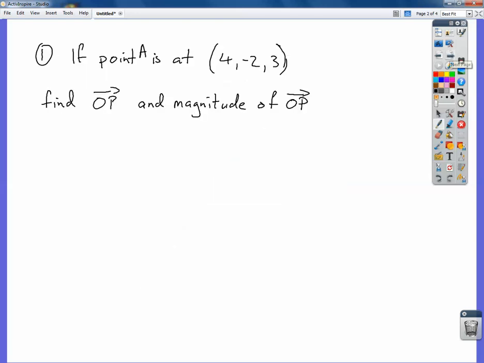Let's have a look at an example. Here's a point which is at the point 4, minus 2 and 3. Find the vector OP and the magnitude of OP.